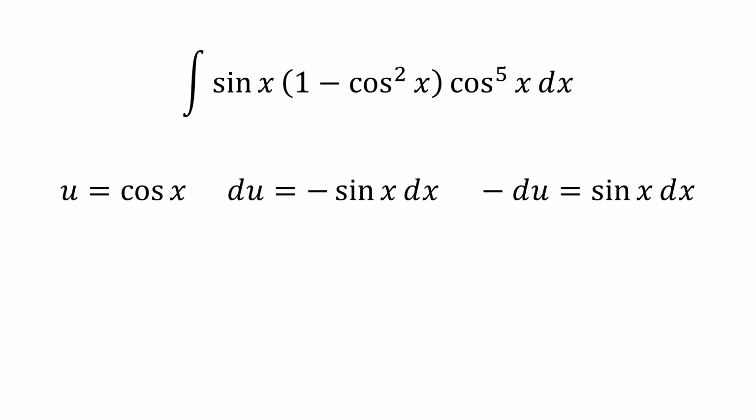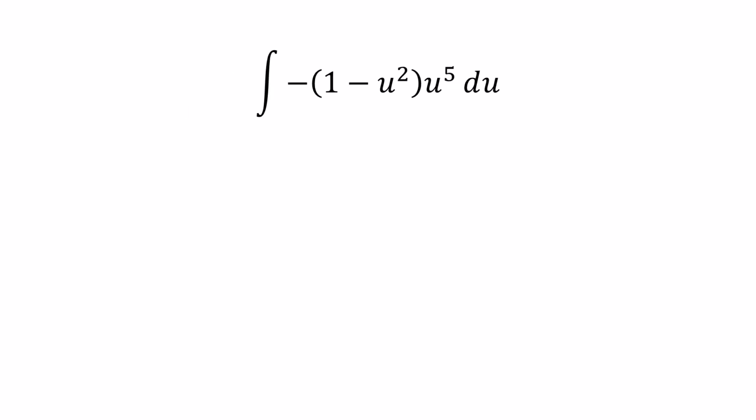Substituting into the integral, we obtain the integral of negative 1 minus u squared times u to the 5th du. Distributing minus u to the 5th, we get the integral of u to the 7th minus u to the 5th du.